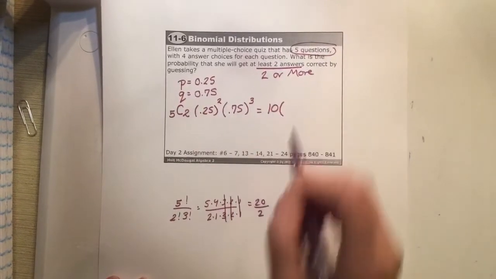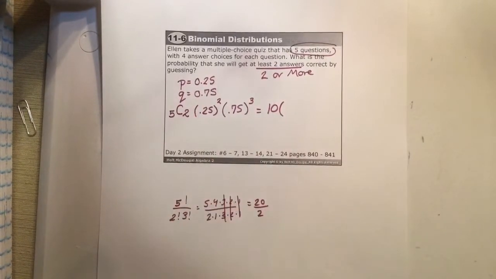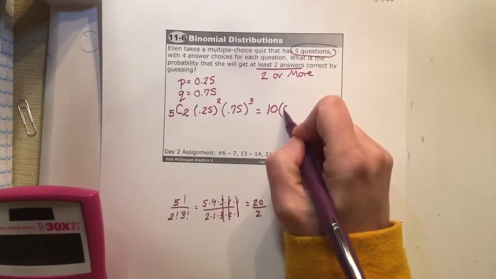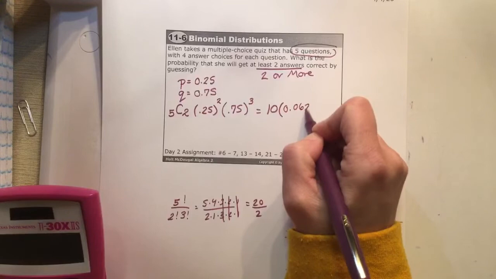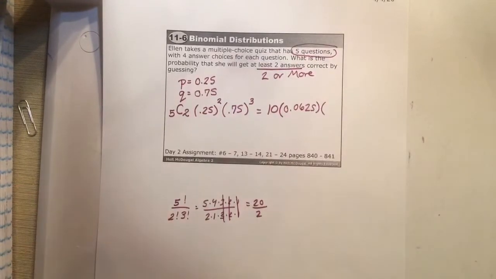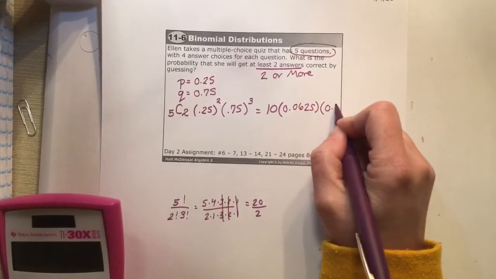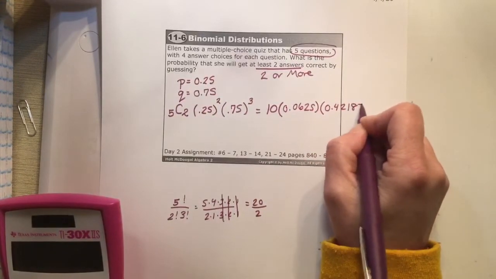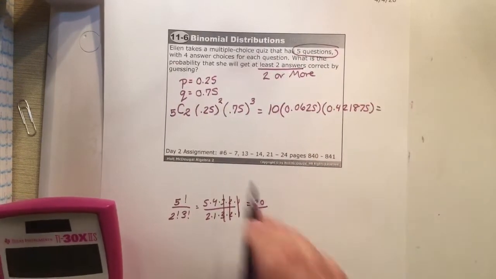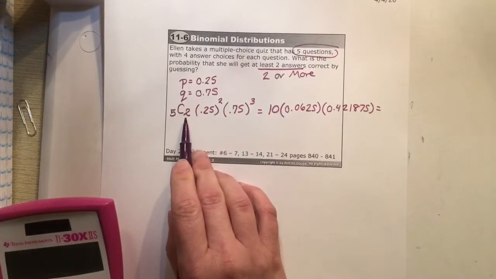So the combination is 10. If I take 0.25 and square it, I get 0.0625. If I have 0.75 to the power of 3, I get 0.421875. So this would tell you your chance of getting exactly 2 right.